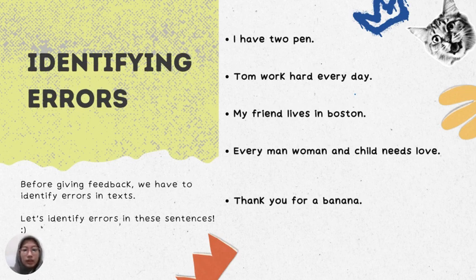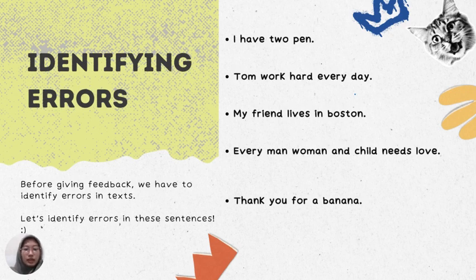How many commas do you have to give in this sentence? Two, three, four? Okay, so for this sentence, you have to give two commas. Every man, comma, woman, comma, and child needs love.